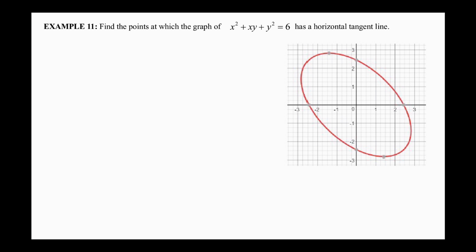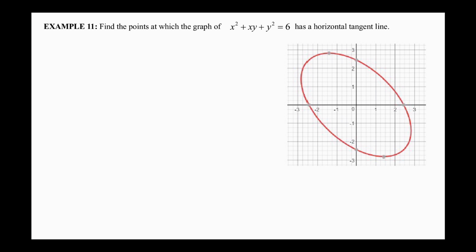So what does that mean when I say horizontal tangent line? It looks horizontal, like this. That's what you're thinking. Slope is 0.